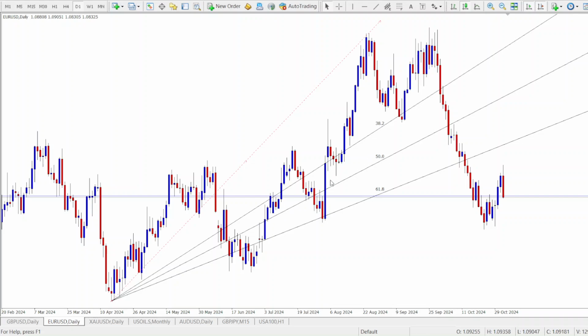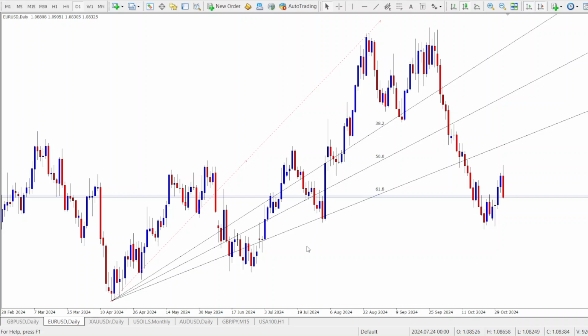As price moves, you'll have a visual cue of potential support and resistance levels. We can see that although the first swing crossed the 61.8% level, the second swing actually got rejected around the 61.8% level.